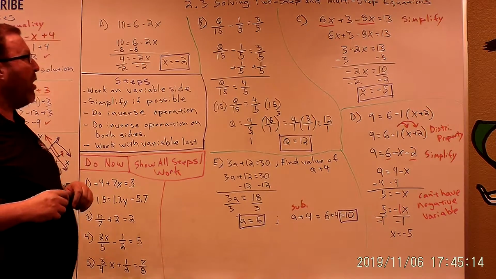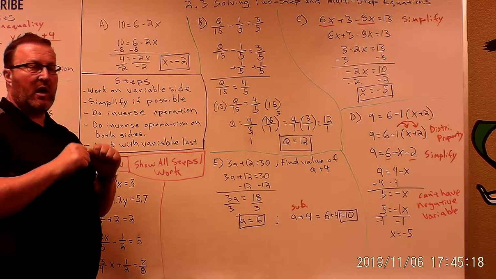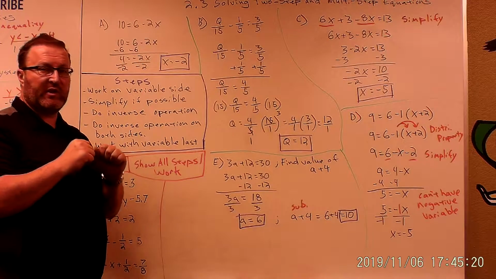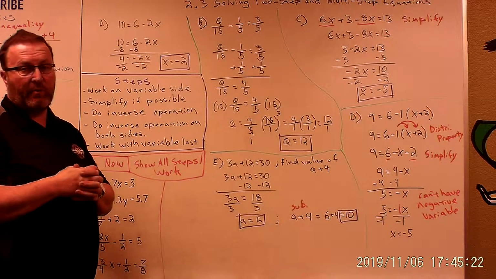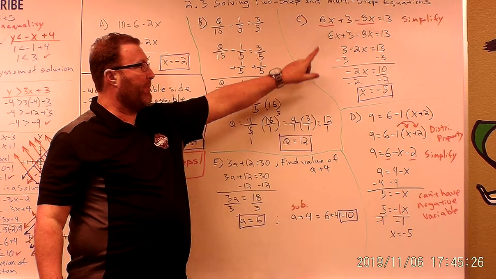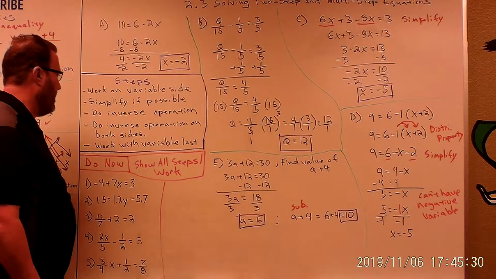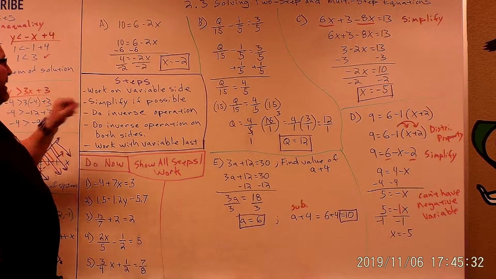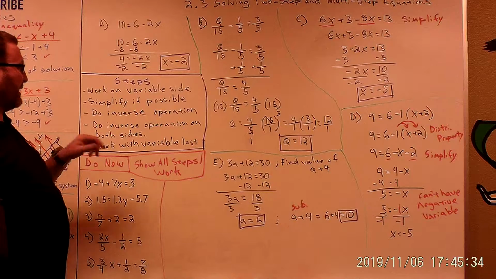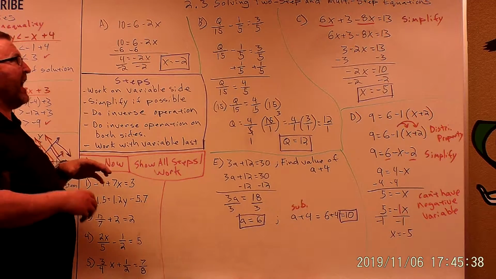Now we might have like terms, numbers, variables that we can combine to make the problem easier, like what happens in example C. We have x's there that we can combine, or numbers that we can combine. Simplify if possible. Next thing, we're doing the inverse operation. That's the opposite.